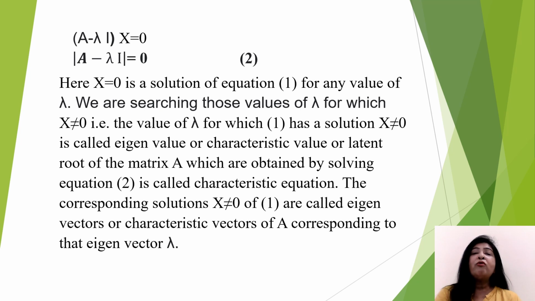Those values of lambda are said to be eigenvalues, or characteristic values, or latent roots. And the values of x which correspond to those values of lambda are said to be eigenvectors. In this way, we introduce the concept of eigenvalues and eigenvectors.